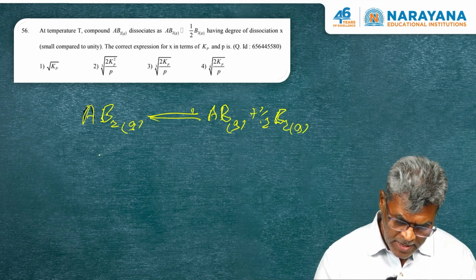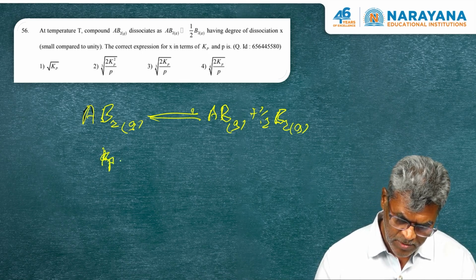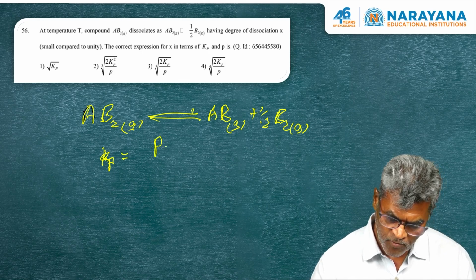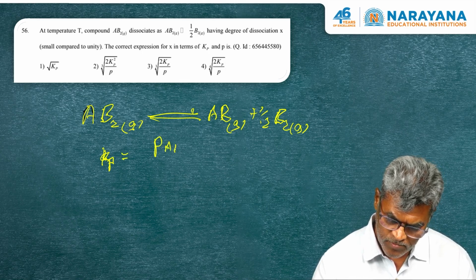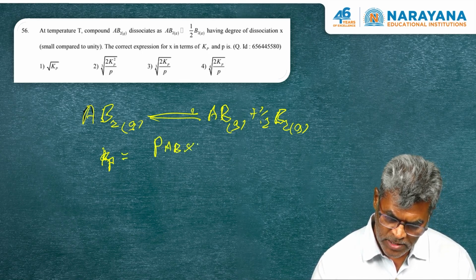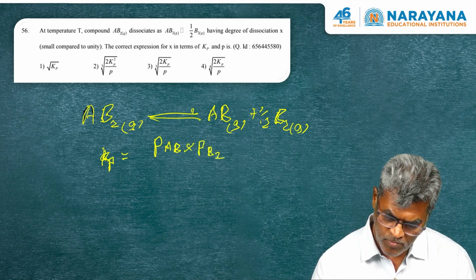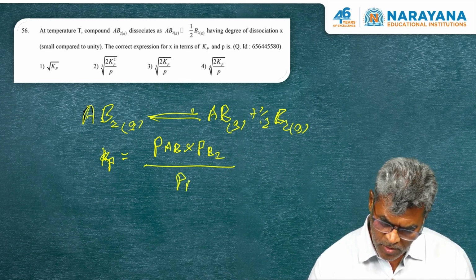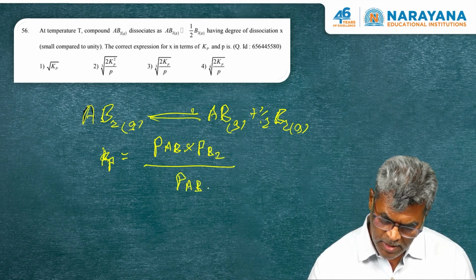Here, Kp is the dissociation constant at partial pressure, equal to the partial pressure of AB gas into the partial pressure of B2 gas, divided by the partial pressure of AB2 gas at equilibrium.